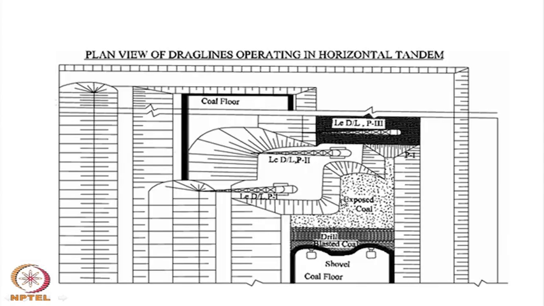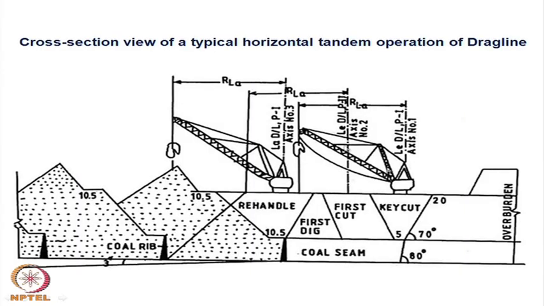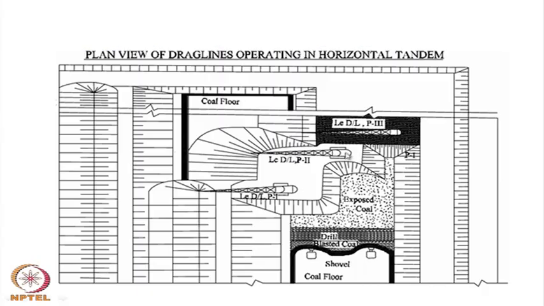So, this is what. Now, you can see the plan view of how it is done horizontally. As we have seen here, this key cut is given. You can see here this dragline was sitting over here to give a key cut first.